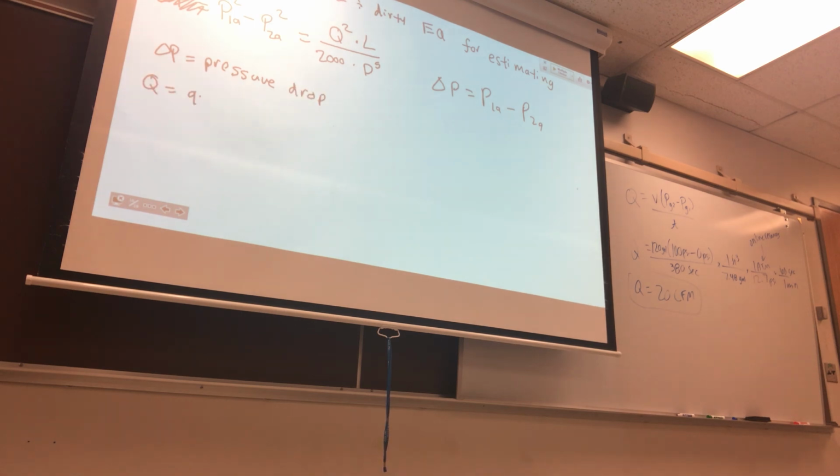That Q is the quantity of free air, that's in CFMs. L is the length of line, and this is in feet.